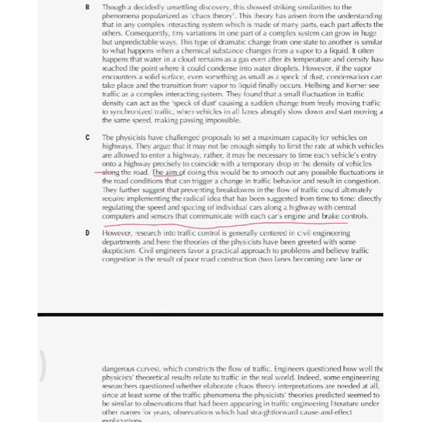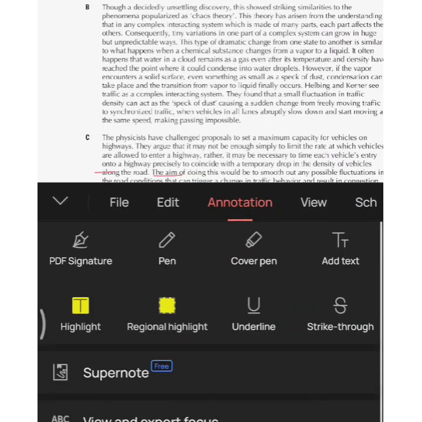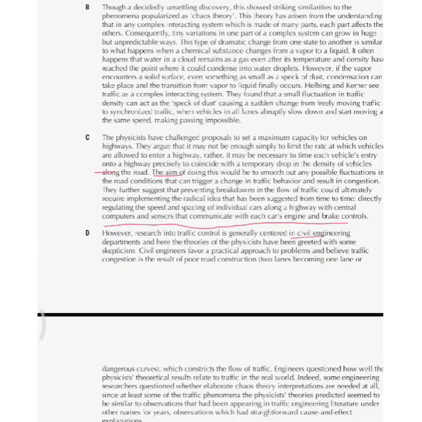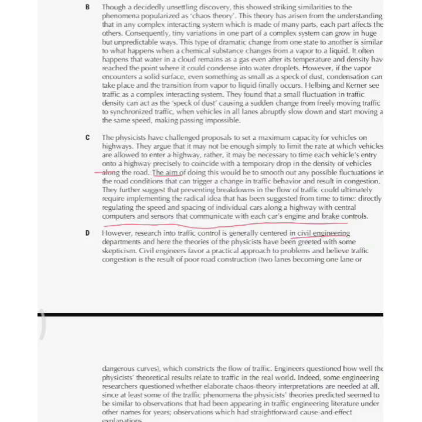Now let's read, because I feel this can be the answer, but let me complete the passage and then we'll jump over the headings. Civil engineers favor a practical approach to problems and believe traffic congestion is a result of poor road construction. Let me mark: civil engineers, we have physicists.